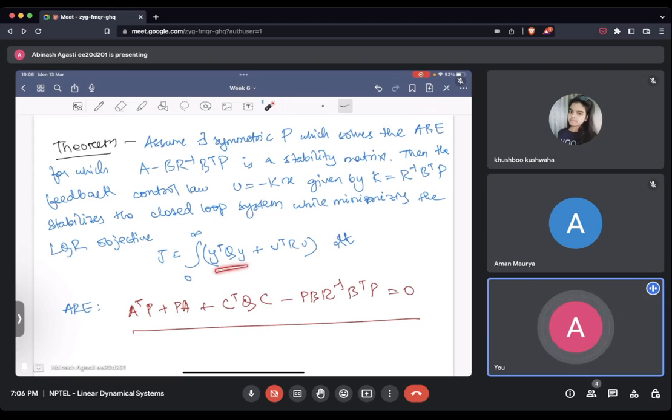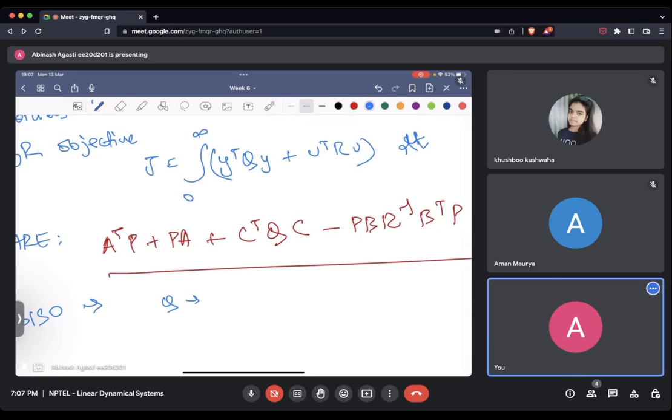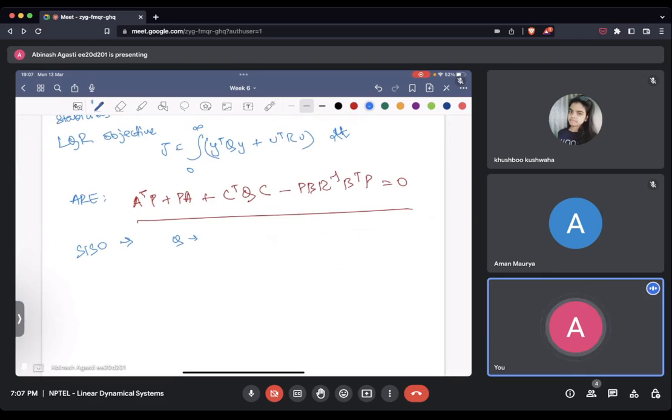Okay, so what is this objective? Let's take a single input, single output system. Y is the output, and let's take Q as identity.